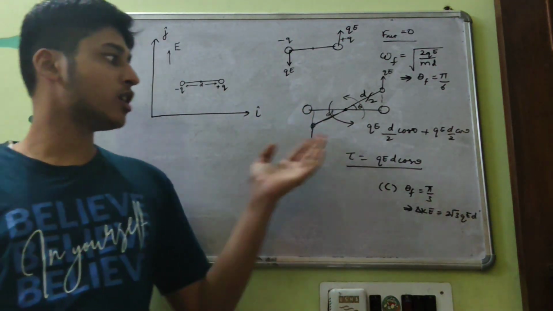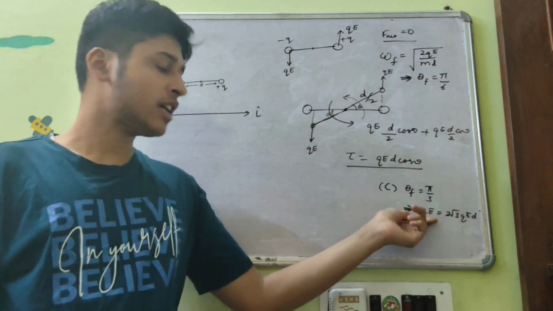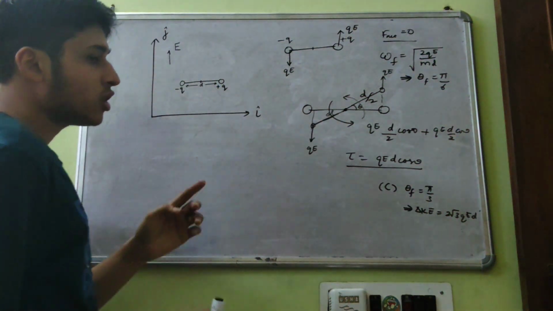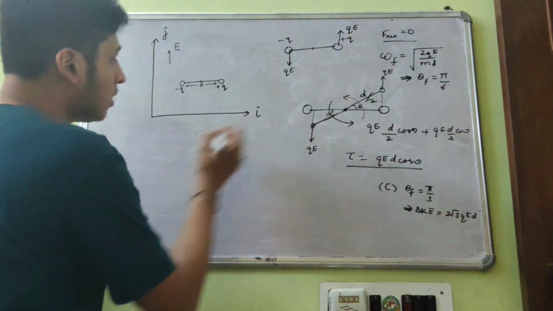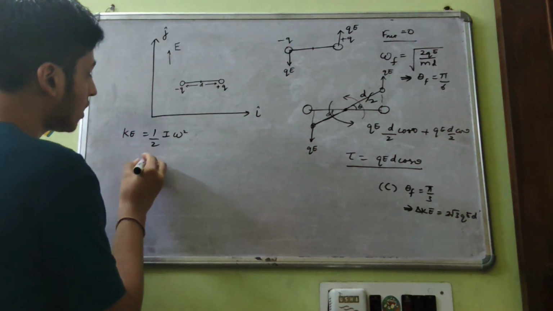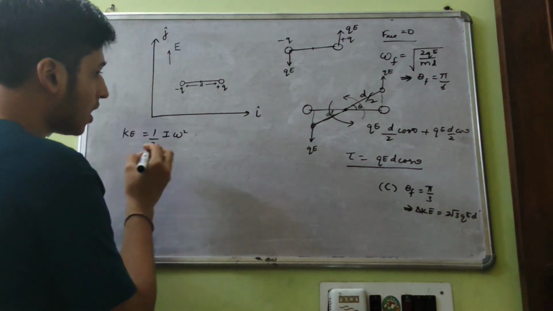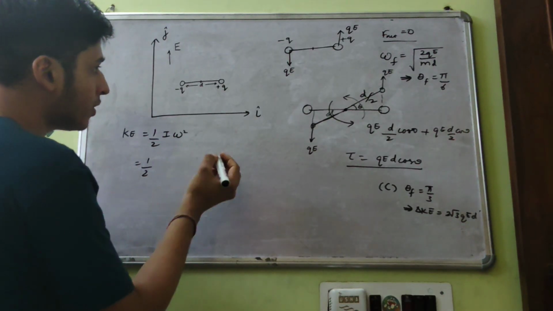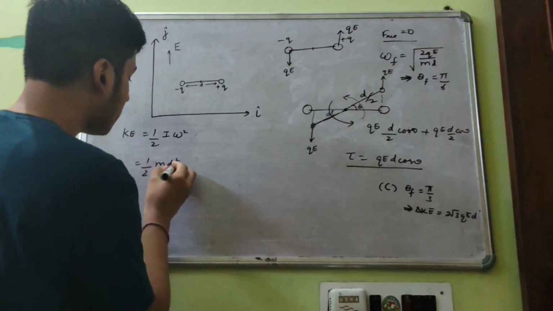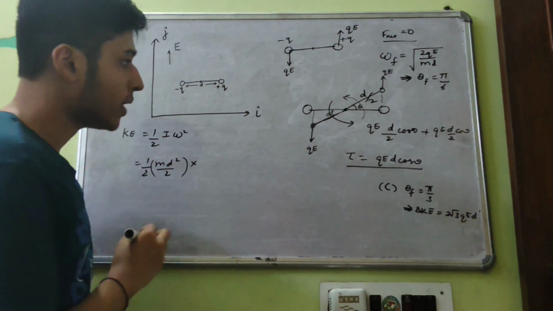Initially it was at rest, so initial kinetic energy is 0. So change in kinetic energy is just the final kinetic energy. Since it is just rotating and not translating, final kinetic energy would be half I omega square, where moment of inertia was md square by 4 plus md square by 4, so md square by 2, omega square.